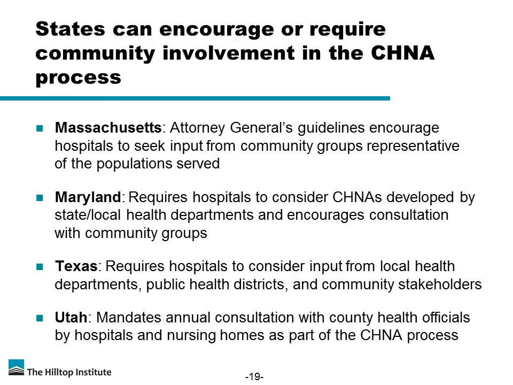So I have here a few examples of states that have some processes for encouraging or requiring community involvement in the CHNA process. In Massachusetts, the Attorney General has issued guidelines for community benefit that very expressly encourage hospitals to seek input from community groups representative of the population served. So this is an overlay on top of what the ACA says, where Massachusetts is really pushing it.